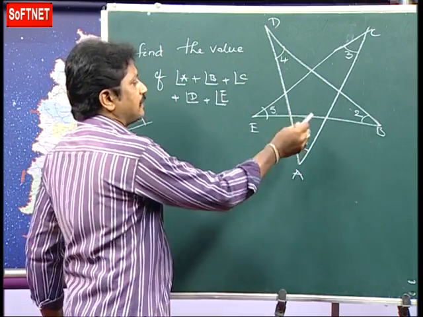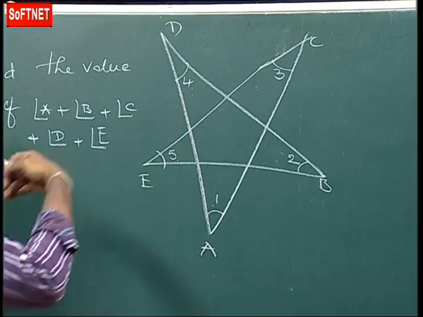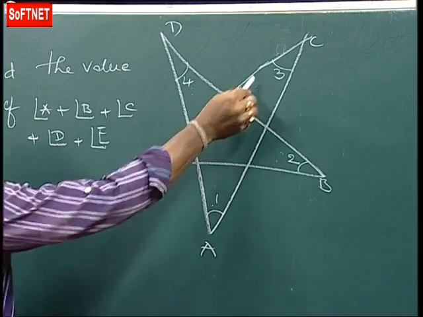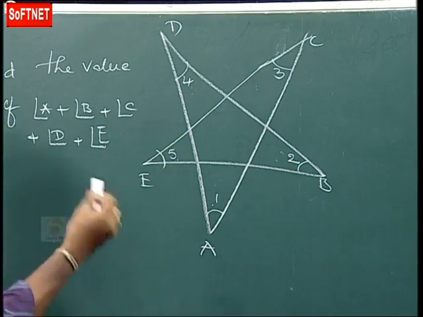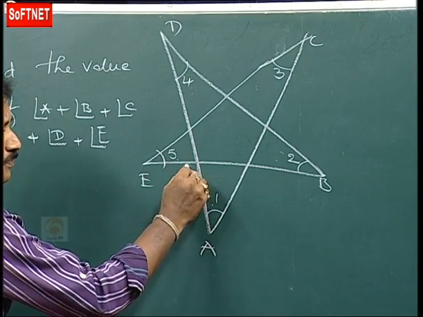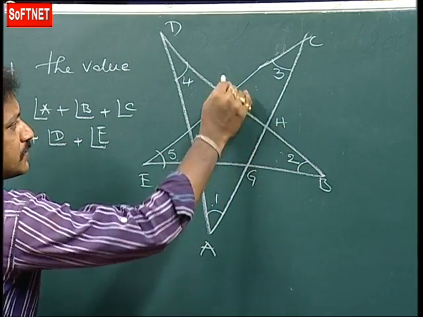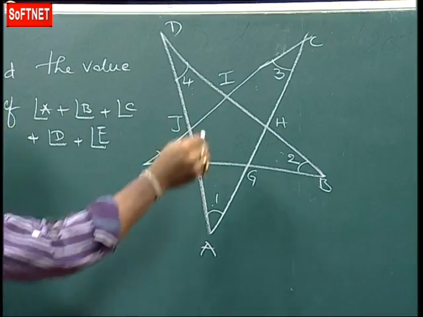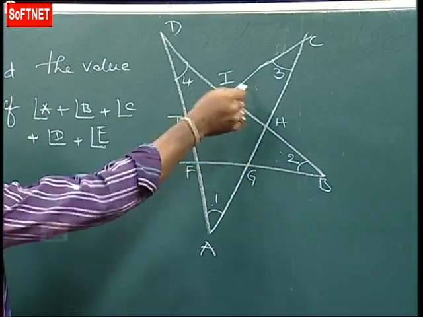Again you observe, 1, 2, 3, 4, 5 triangles. You can take any triangle as you wish. For our convenience, I am taking this triangle. I am naming the points of intersection as F, G, H, I and J. We can see the triangles 1, 2, 3, 4, 5.